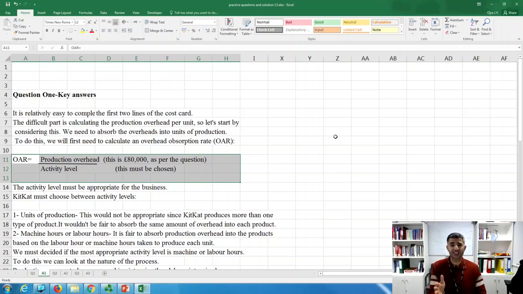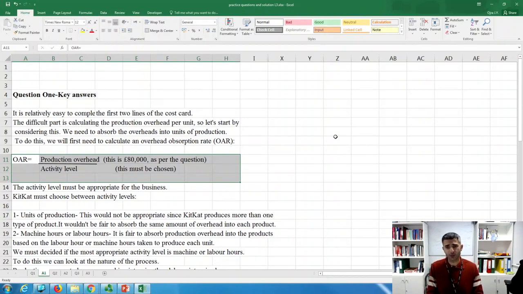For activity level you have three things to consider: number of units, number of machine hours, or number of labor hours. Now we know the production overhead cost, which is £80,000. It's in the question. We have no issue with this, but our issue is about the activity level.